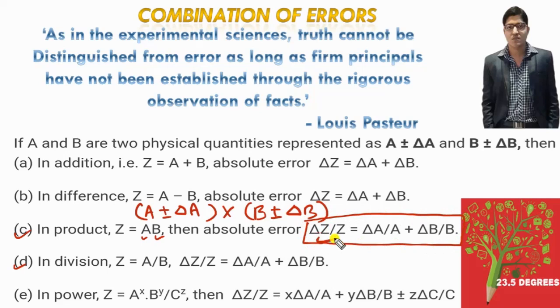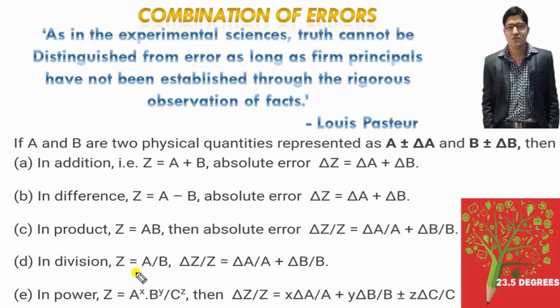The relative error in Z, that means the relative error in your result of the multiplication of A and B, is equal to the relative error in A plus the relative error in B. We know that relative error is delta Z upon Z, means mean absolute error in Z divided by the true value of Z. Similarly, relative error in A is mean absolute error in A upon the true value of A. Relative error in B is mean absolute error in B upon the true value of B.